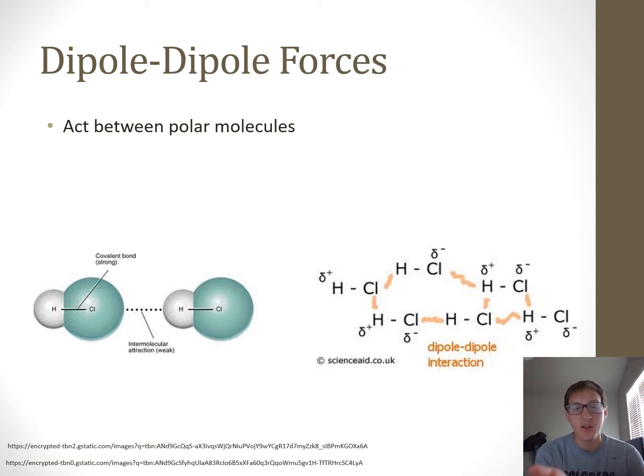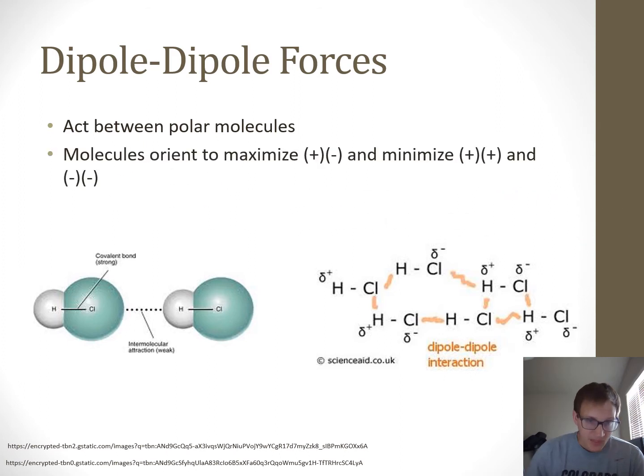Down here, you'll notice that I have HCl, hydrochloric acid. Basically what happens is that, if you remember back to polar, one side becomes positively charged, one side becomes negatively charged. If you have a whole bunch of molecules, then all of the positives and negatives are going to orient themselves and have slight attraction.